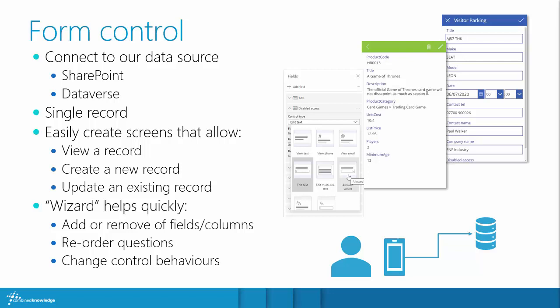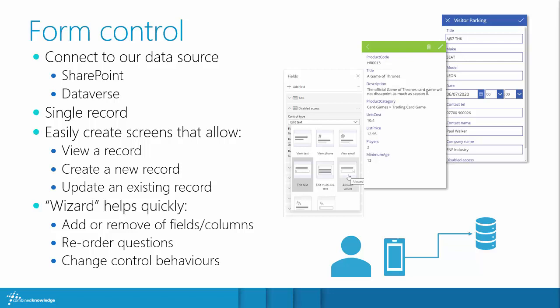The form control actually needs a bit of support. Unlike a gallery control, where we can simply point it towards a data source and have that information shown off in a nice and very aesthetically pleasing way, or a data table, again showing off lots of data from our data source, a replicating item throughout our screen, our form control needs instruction.